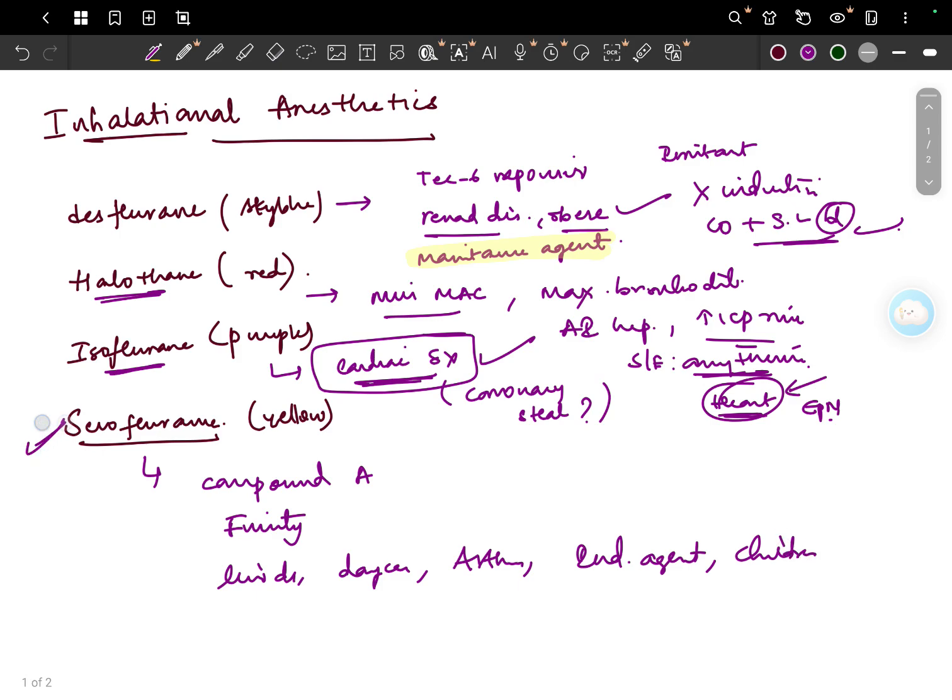So this is a very good inhalational anesthetic agent. One side effect we see here is that it is nephrotoxic. So these are a few inhalational anesthetics that are very important.